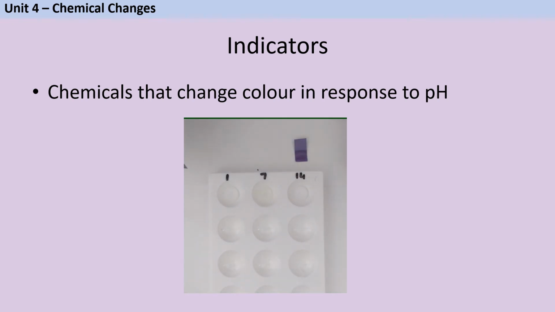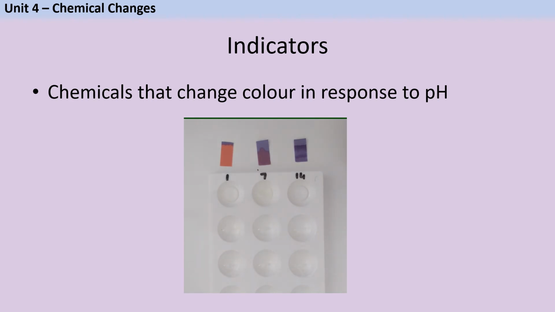If I put it in some hydrochloric acid that has a pH of 1, then it turns red. And if I put it in this neutral solution with a pH of 7, then I also don't really see a colour change.